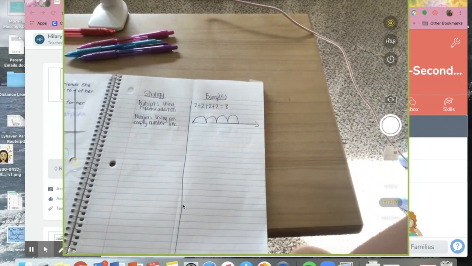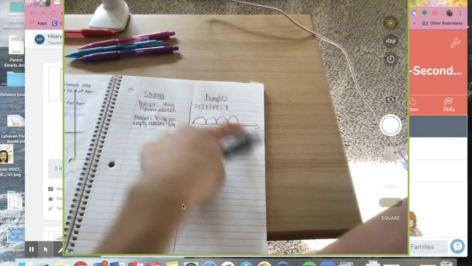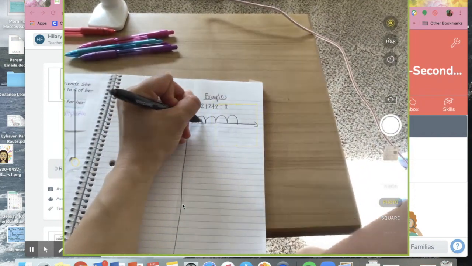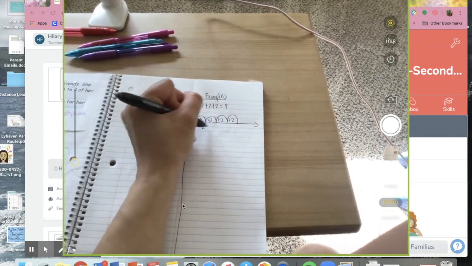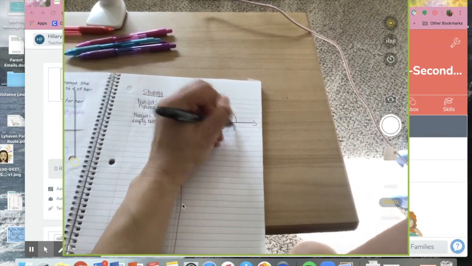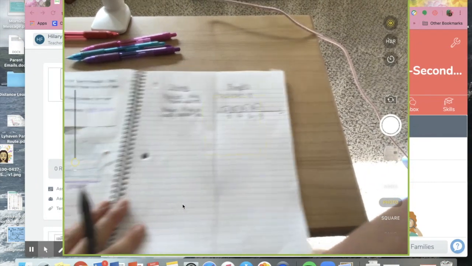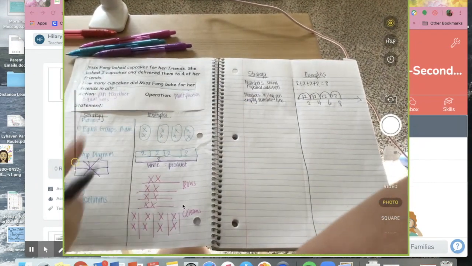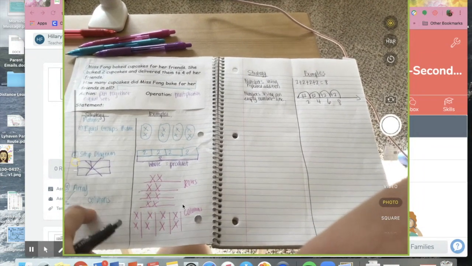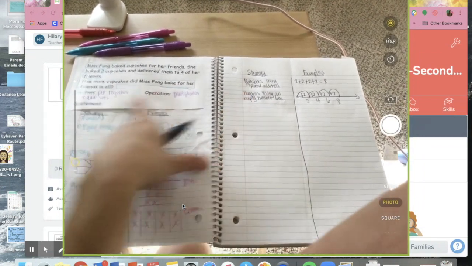So since I have 4 groups, I need 4 jumps, and then it's plus 2, plus 2, plus 2, plus 2, 2, 4, 6, 8. Okay, so now, as you can see, I have my pictures, all the different strategies that we've learned, and then my numbers. Okay, so now our statement.